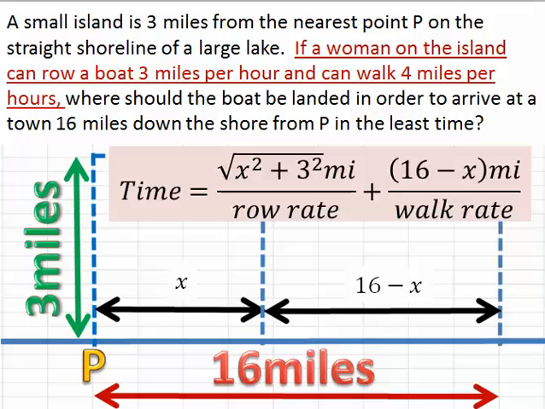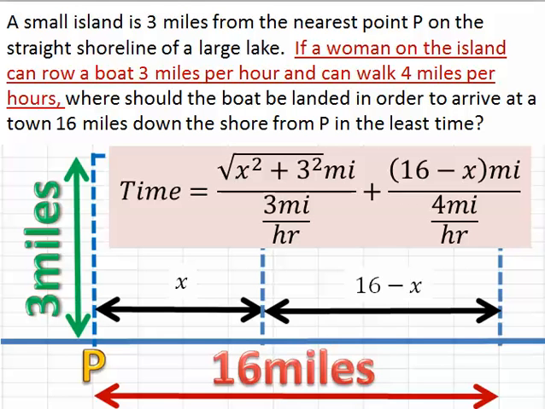The distance she rows is the square root of x squared plus 3 squared. The distance she walks is 16 minus x. The rowing rate is 3 miles an hour.